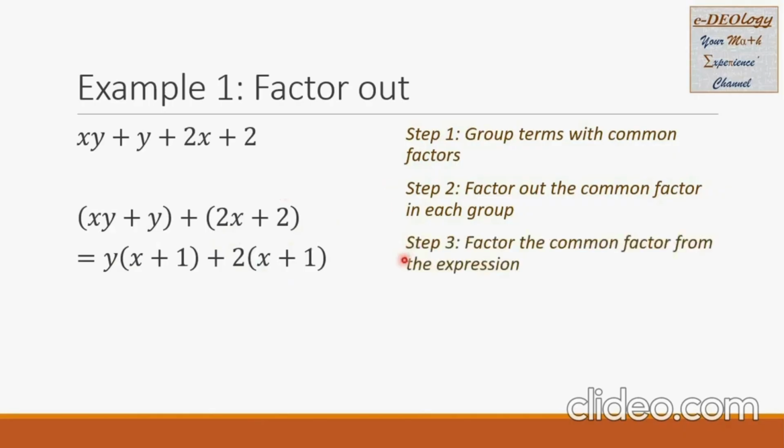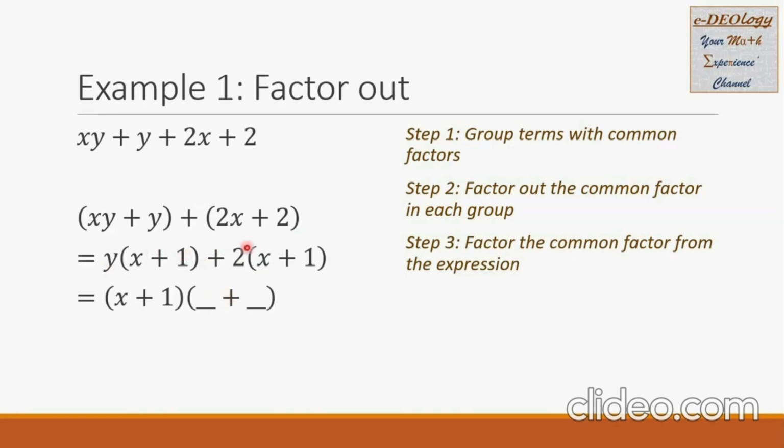In step 3, factor the common factor from the expression. We have now two big groups. For each group, the common factor is the binomial x plus 1. So I'm going to bring out that common factor outside, so it is now x plus 1.